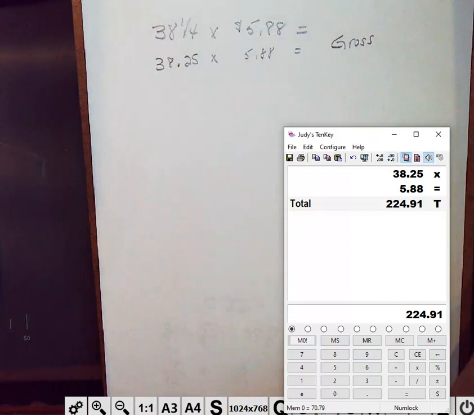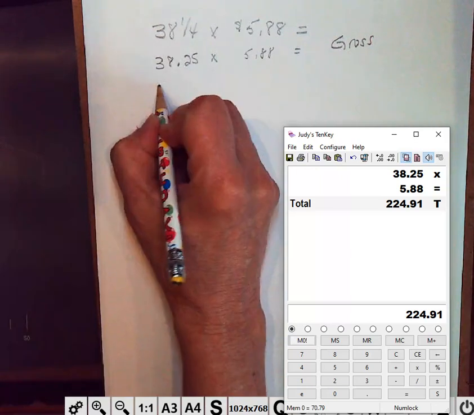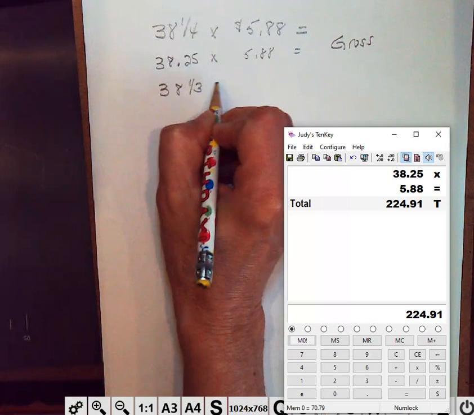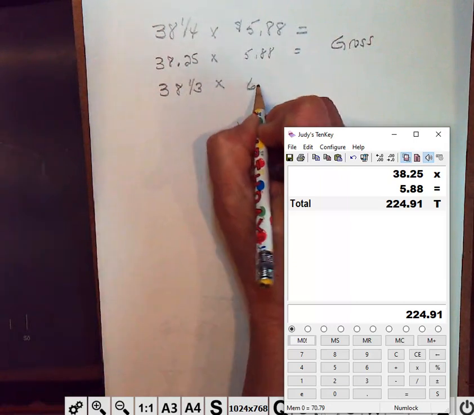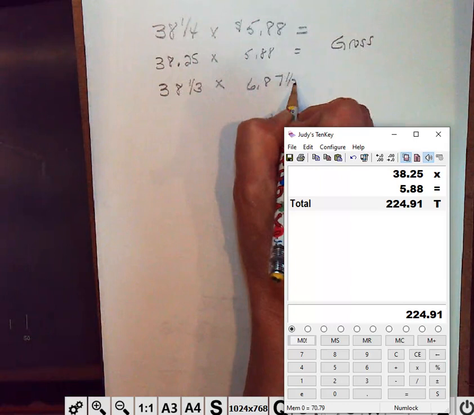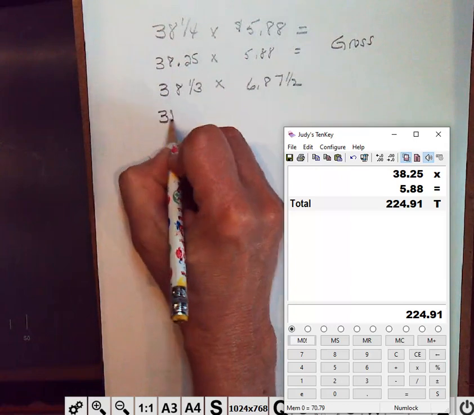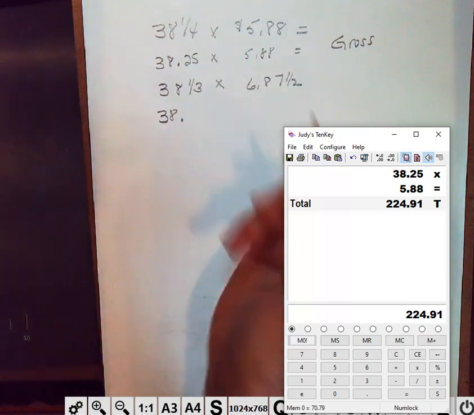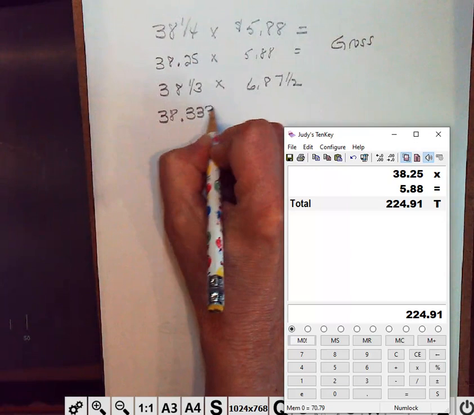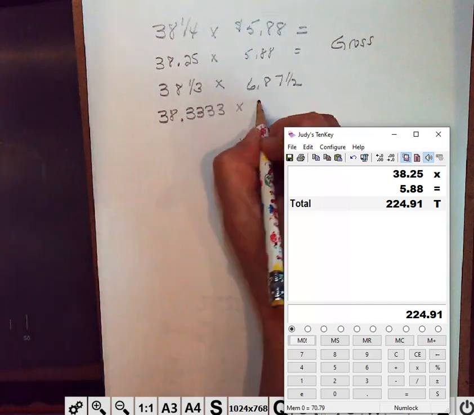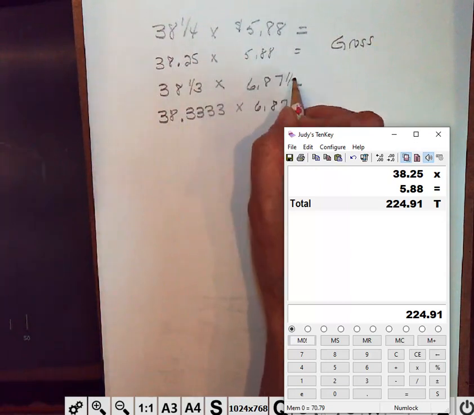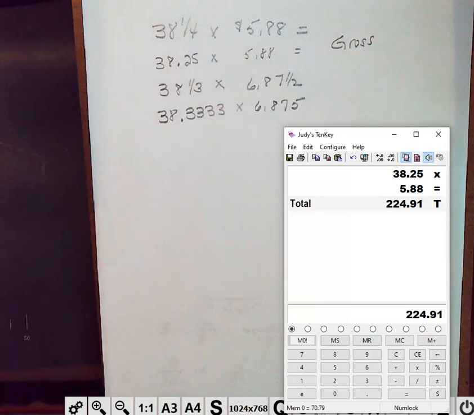So look at the fourth one down. We have 38 1/3 times 6.87 1/2. So 38 point, even though your decimal is set on 2, carry it out to 4 places, times 6.87 and the 1/2 is 5.